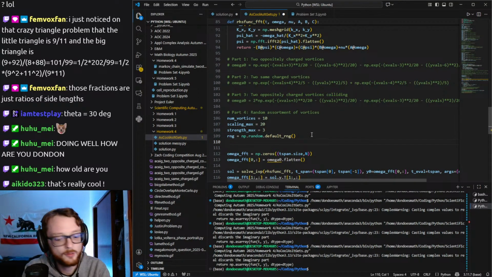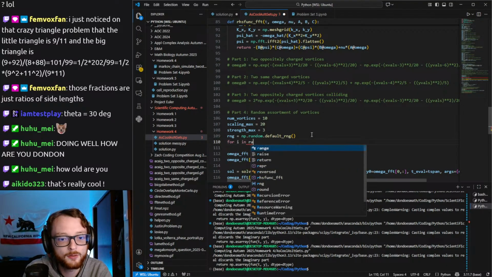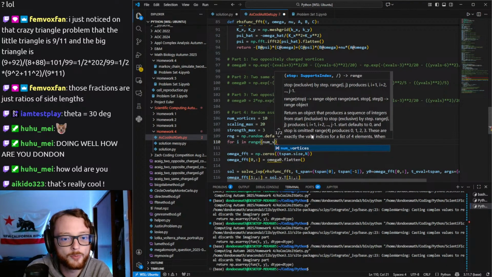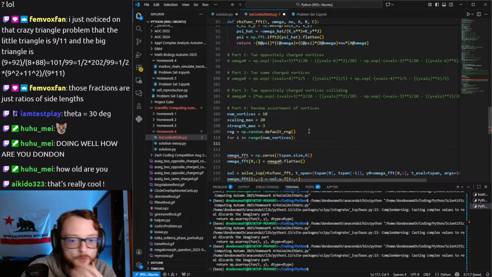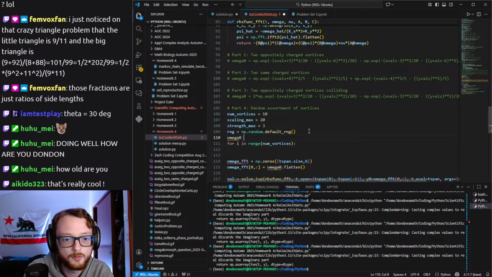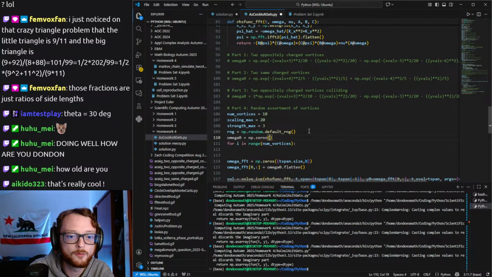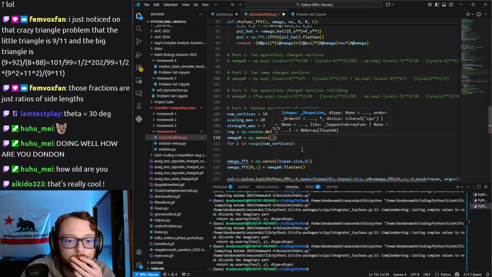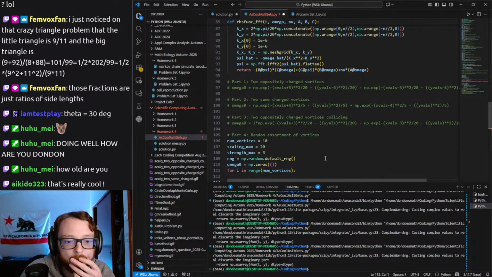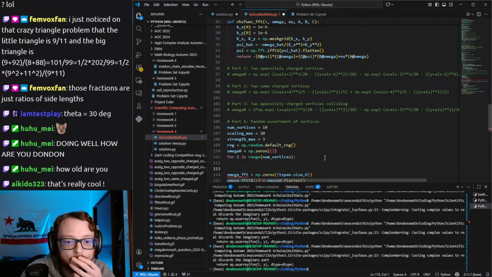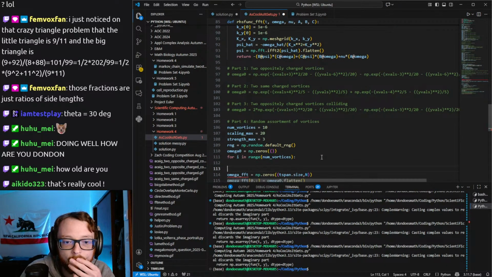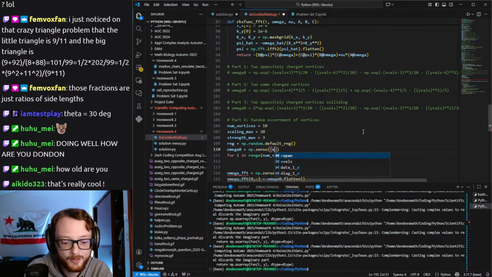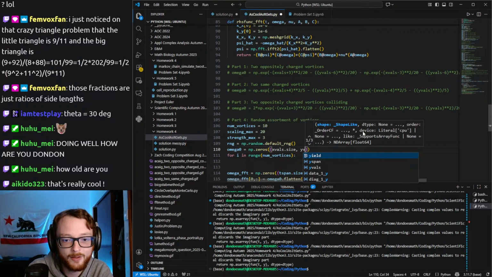Okay, so for i in range num vortices. Ooh, yeah, okay, so omega 0. It's going to start out as zeros. How big? I guess it's x vals dot size, y vals dot size.